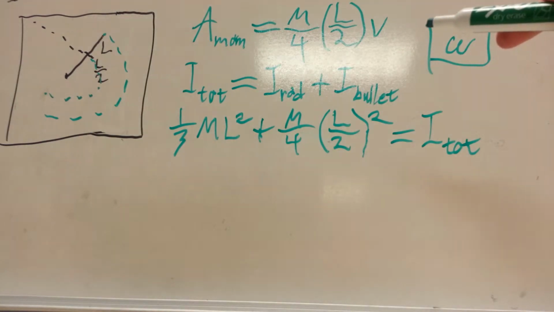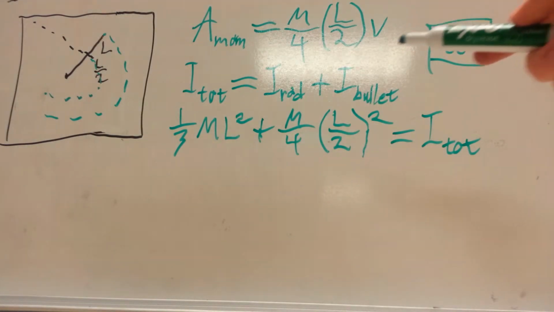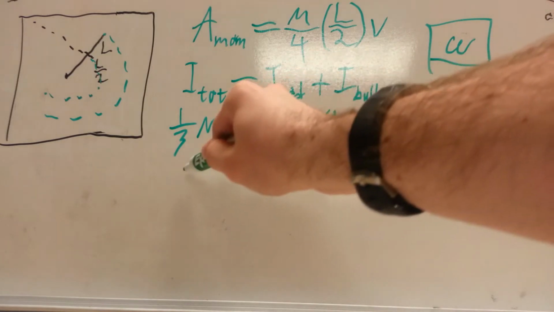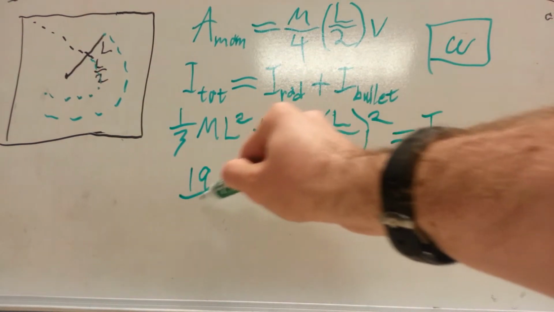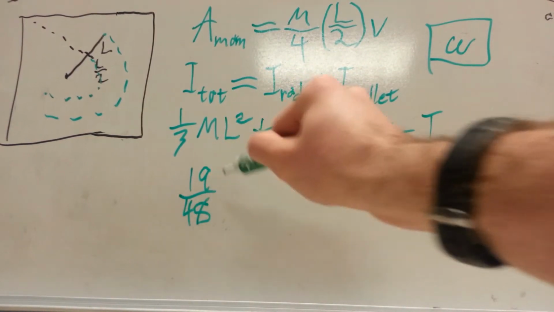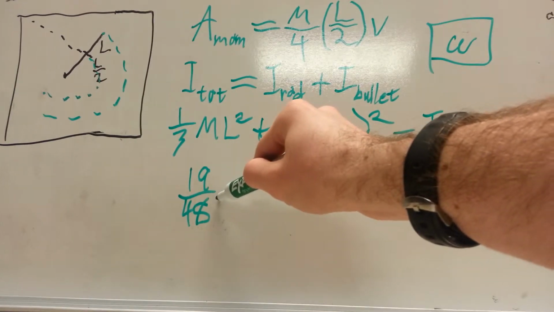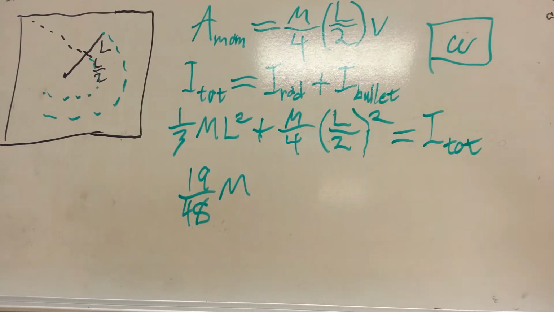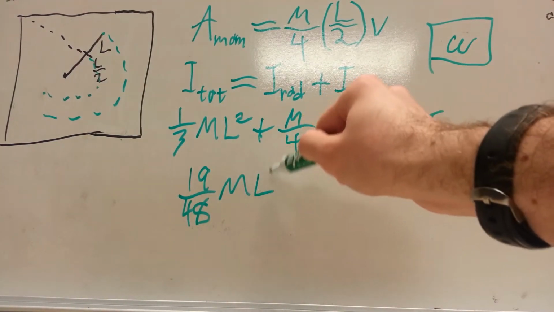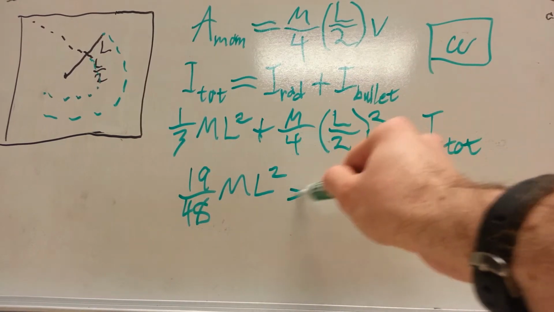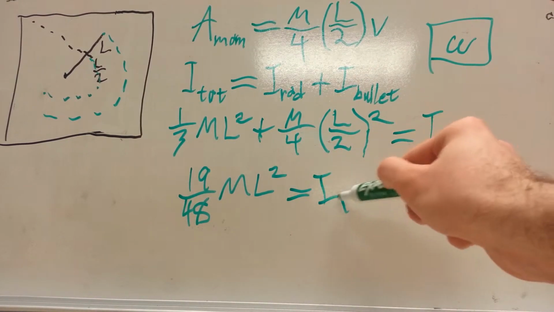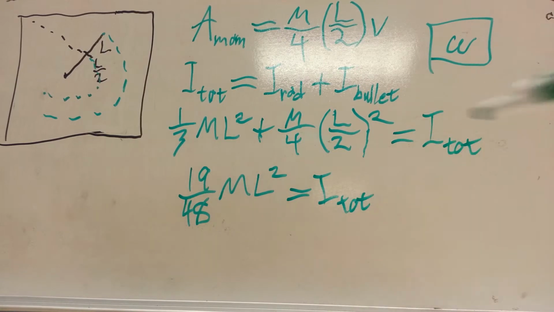So you can add it up if you like. Comes out to 19 over 48 ml squared. Okay. That's our I total for the whole system once the bullet is embedded in the rod.